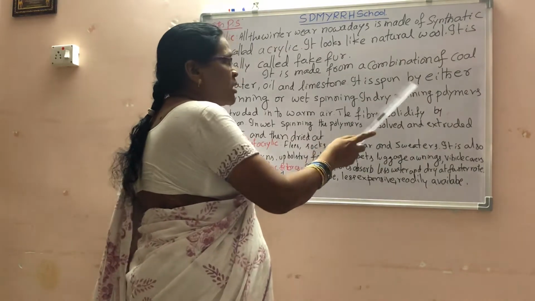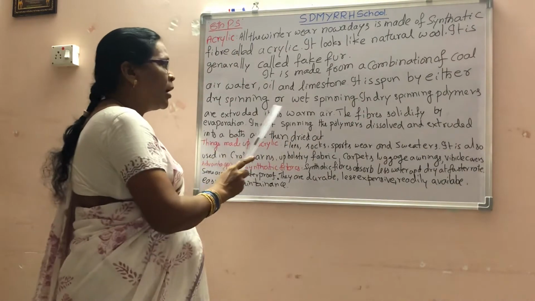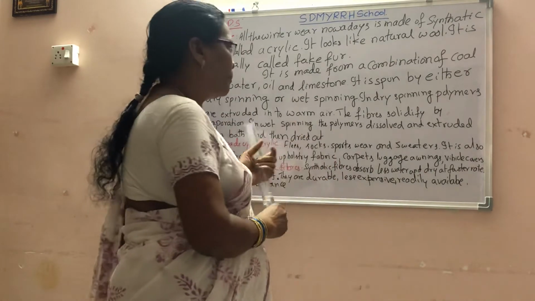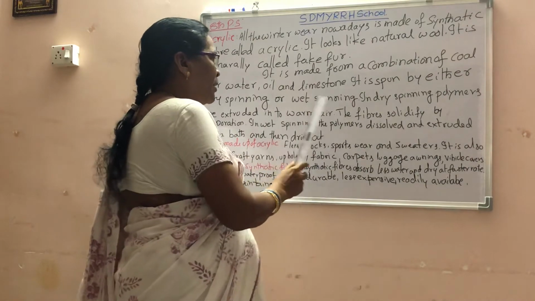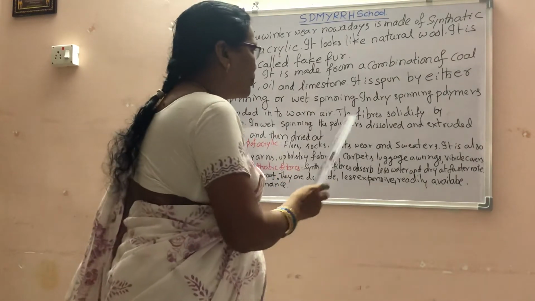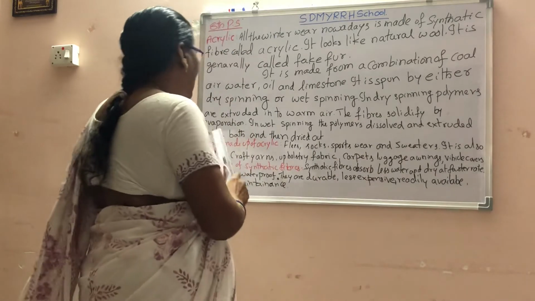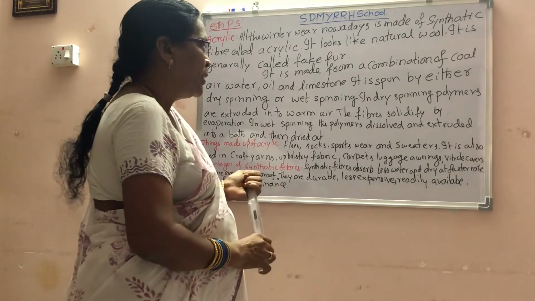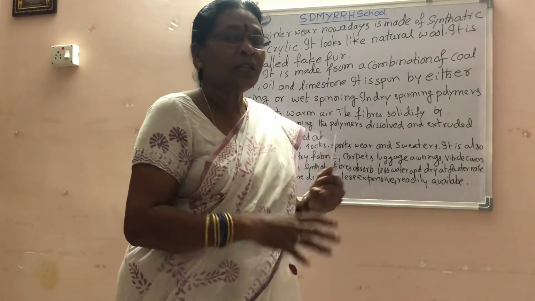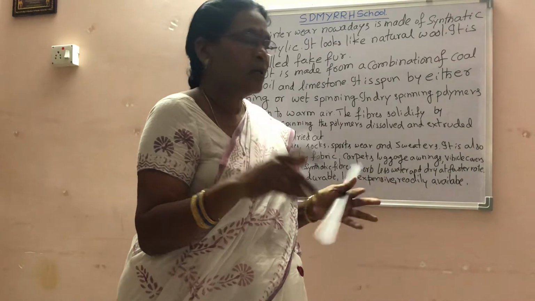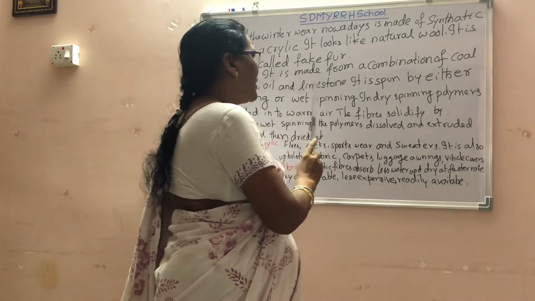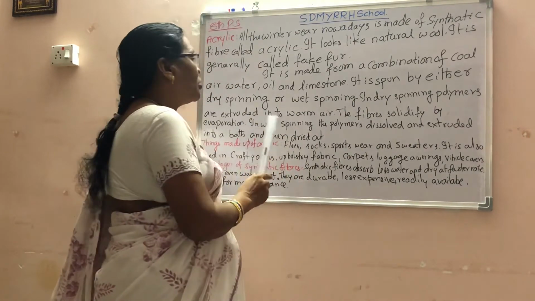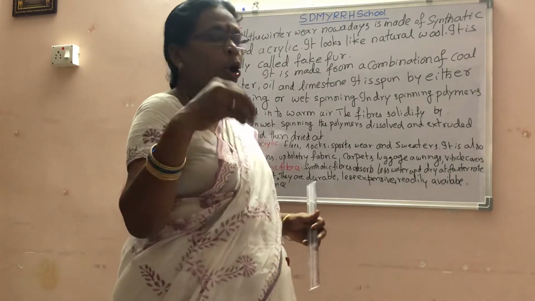Acrylic is spun either by dry spinning or wet spinning. Dry means no water. In dry spinning, polymers are extruded into warm air. All synthetic fibers are polymers. From these materials, we get polymers of acrylic. These are extruded into warm air, which means hot air.